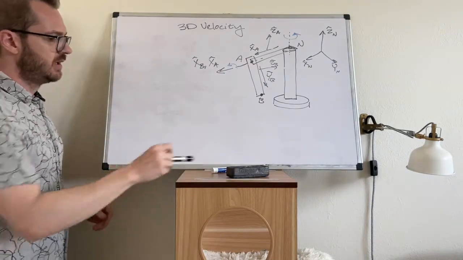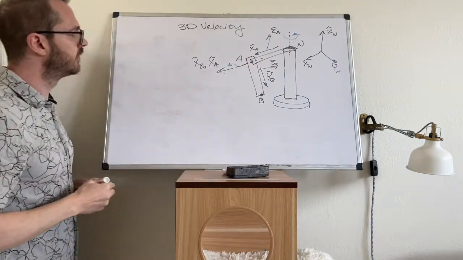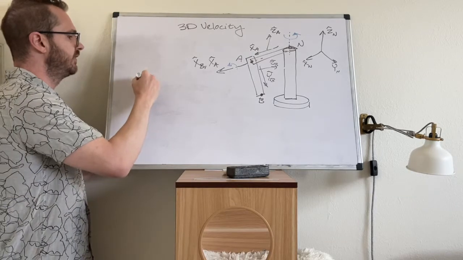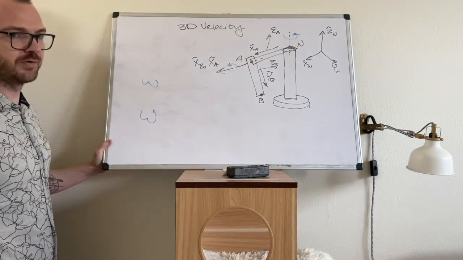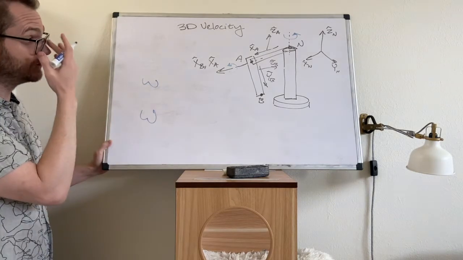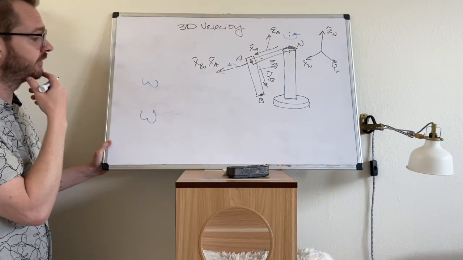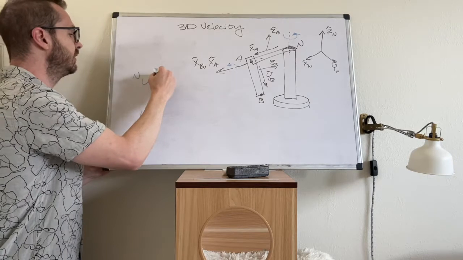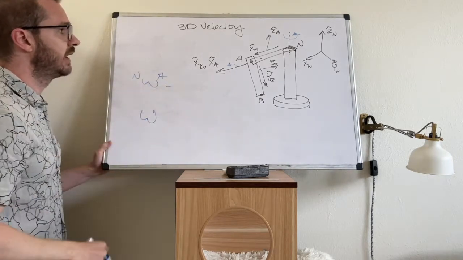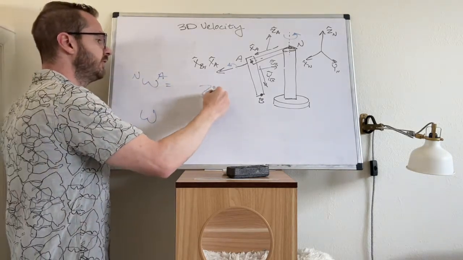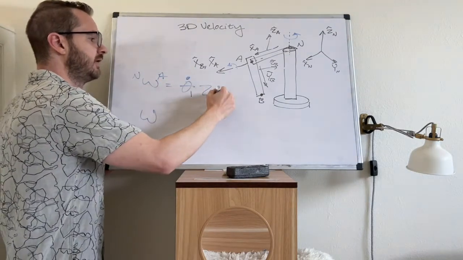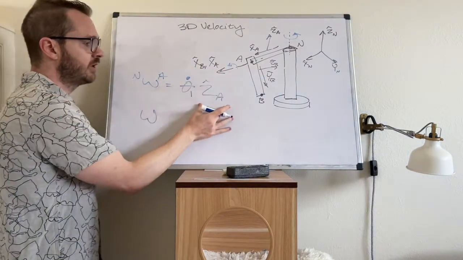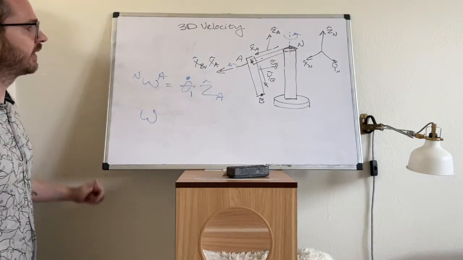Next, I recommend doing angular velocity first, just because you can do it from observation. The first one is omega N to A, and this is around a shared z axis, and the angle there was theta 1. So this is theta 1 dot ZA, and we could also write it as ZN. It's the same thing.